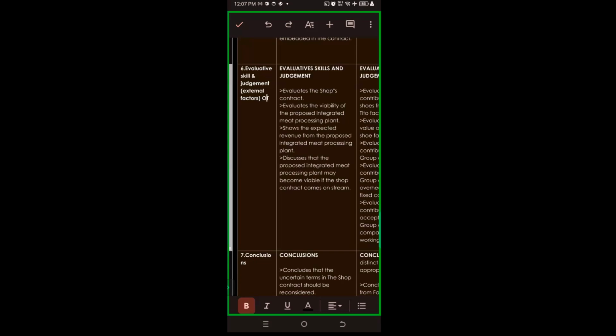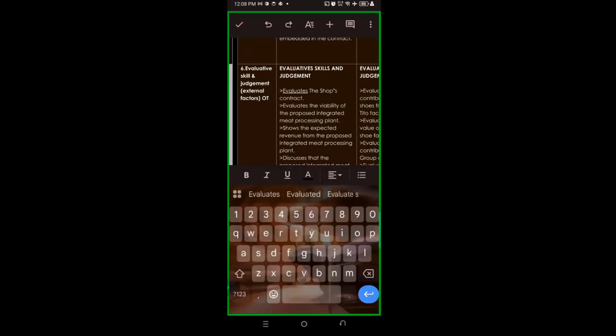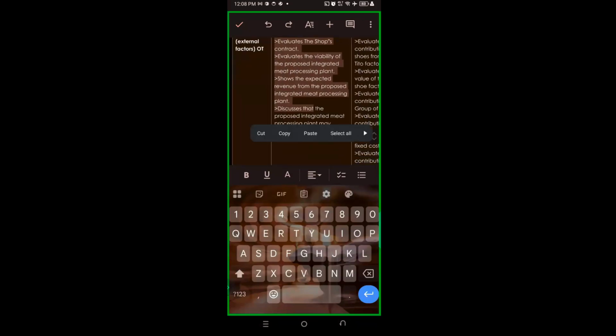So evaluate the D-Shop's contract. Evaluate the viability of the proposed integrated meat processing plant. Let me just copy them.